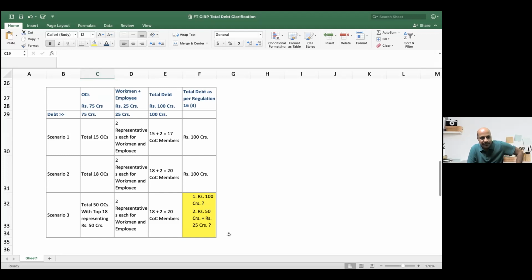And workman plus employee will be 25, which means when they want to give voting rights to the COC, the total debt would be 75 crores. But when they are preparing the resolution plan, they will not reduce this from 100 to 75, because it's a basic objective of IBC to be fair to all the creditors, including operational creditors. Hence, reducing the debt to 75 will defeat the purpose of that. So resolution plan, total debt 100 crores, but voting right for COC formation is 75 crores.